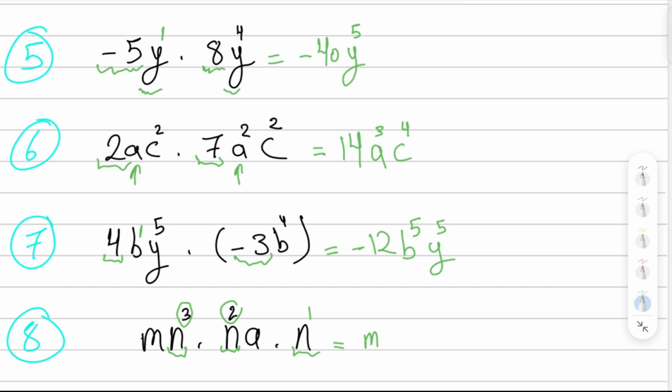So we can add the exponents since the bases are similar and we have multiplication. 3 plus 2 is 5, 5 plus 1 is 6. So n to the power 6. And the a, we don't have any other a's, so we can't simplify it. So the answer is m times n to the power 6 times a. That's it for the multiplication.